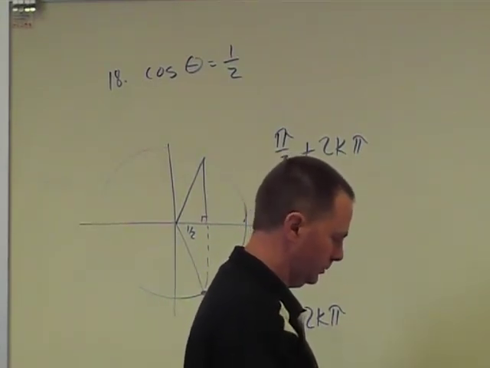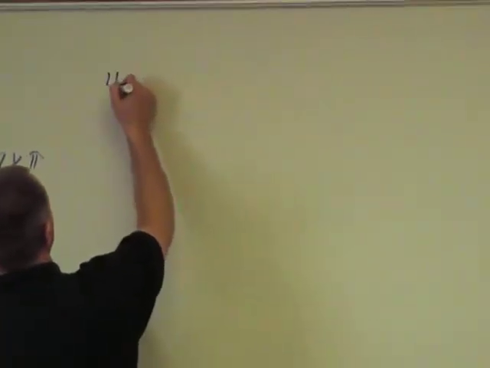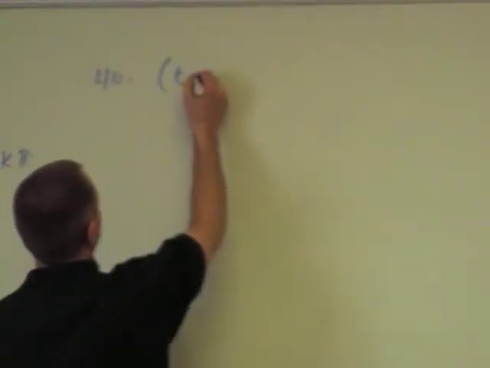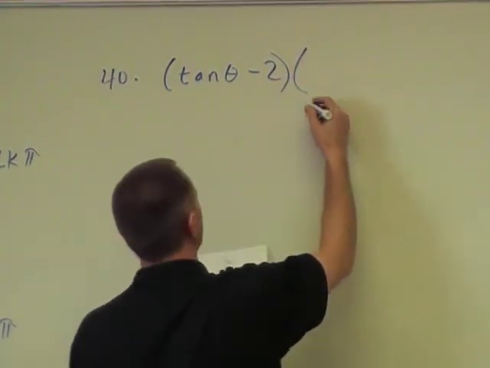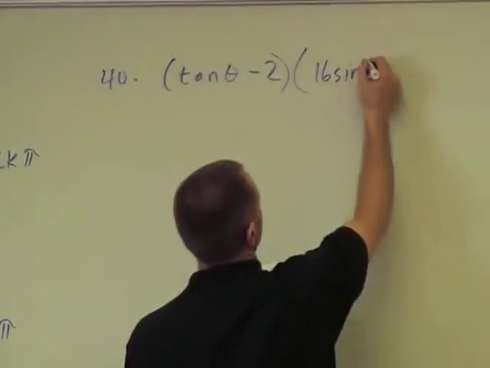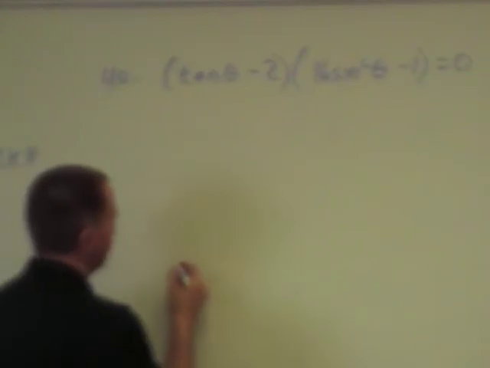Let's do this one. It's number 40. Tangent of theta minus 2 times the quantity of 16 sine squared of theta minus 1 equals 0. What did you tell me the answer was if I gave you this in chapter 1?